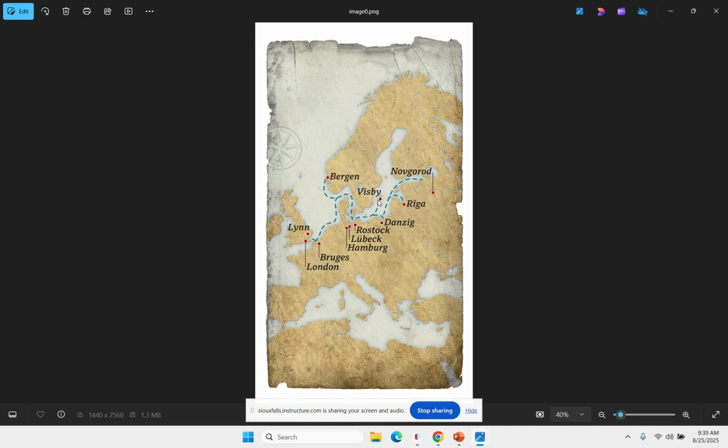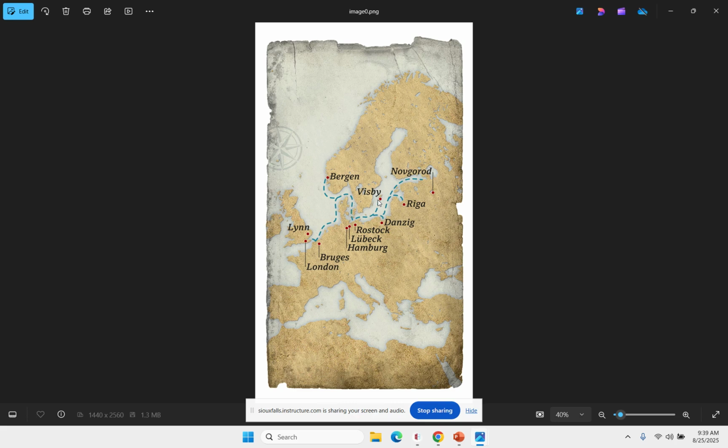But you can see here that Riga, Danzig, which is in modern day Poland, Hamburg, even London, Bruges, which is in modern day Belgium, Bergen, which is in modern day Norway, Novgorod, which is in modern day Ukraine and Western Russia. These were the dominant trading sites of the Hanseatic League.